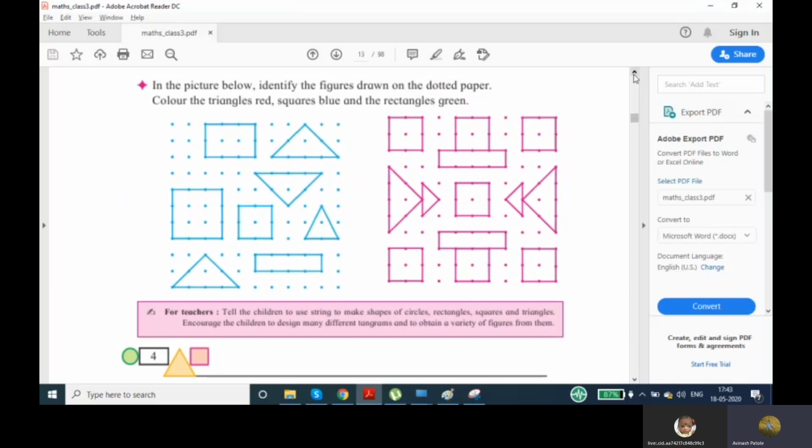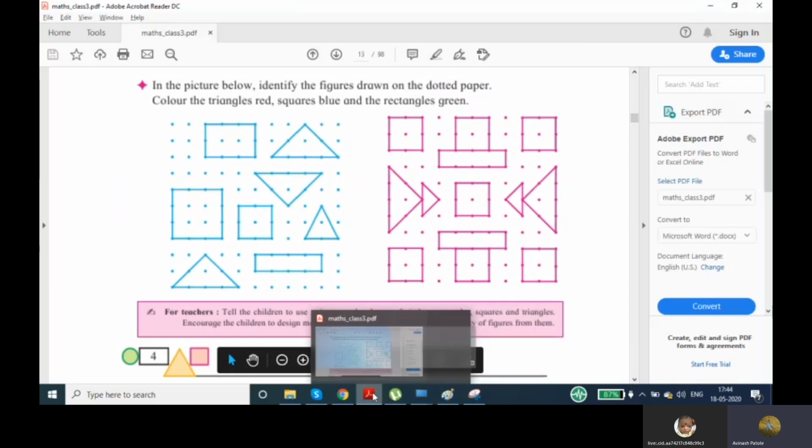Something which has four lines but they are not the same, in that case it's a quadrilateral. Something that we see has three edges and three corners is a triangle. So this was lesson 1. In the next session we'll be doing the next lesson in maths.